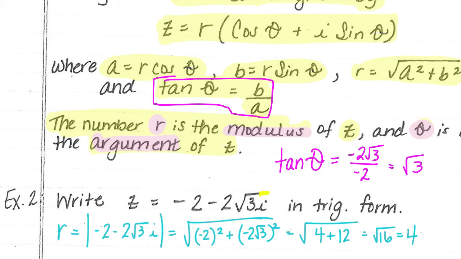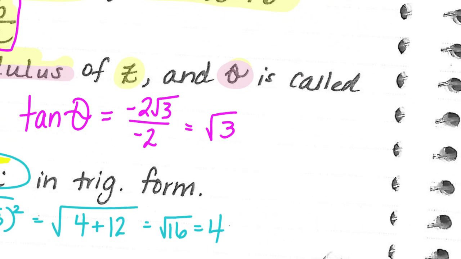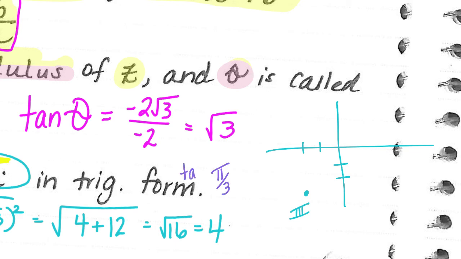So if I had to graph this point right here, this is all I really need. If I needed to graph that, I know that this is at negative 2 and minus 2 root 3i, so that's going to be in the third quadrant. So we have to know where it's going to be. Because of my information of the unit circle, we talked about how tan of pi over 3 is equal to the square root of 3.